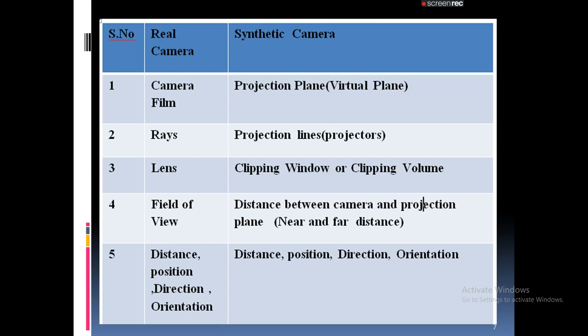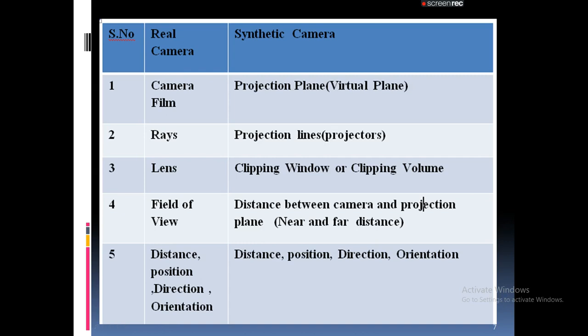So that is direction in case of real camera. The same direction I need to specify with respect to synthetic camera. This is the direction of the camera towards the object. Next, we need to specify orientation. Orientation I need to specify in case of synthetic camera also. So I would like to conclude this slide.